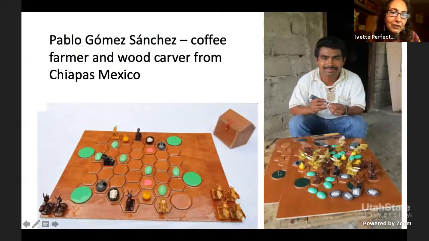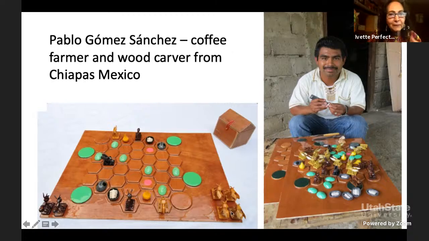And I want to show this picture because this was one of the coffee farmers that played the game in one of the tournaments that we had in one of the communities. He happened to be a wood carver also. And 2 weeks later, he showed up in the office of my colleague in Mexico, Luis Garcia, who was kind of the brain behind the game, with this game that he carved himself based on the pictures.